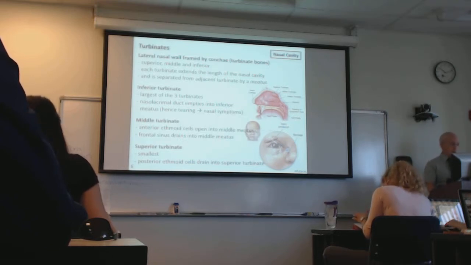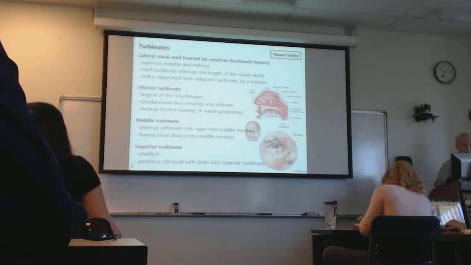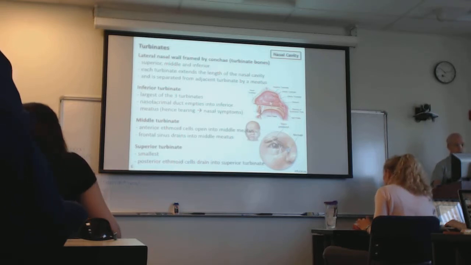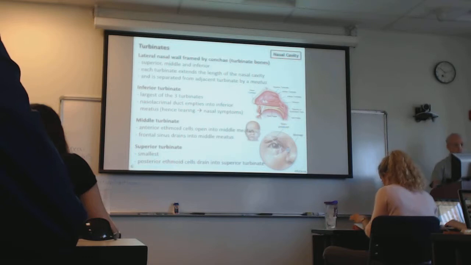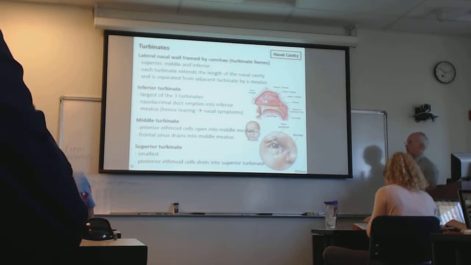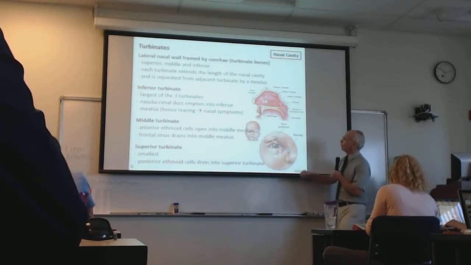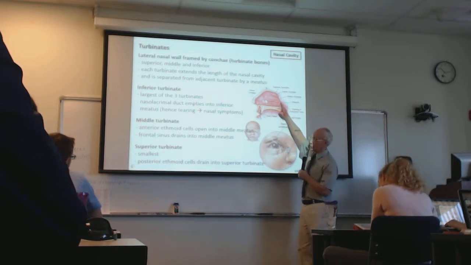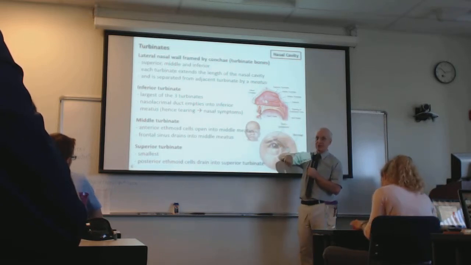In addition, there is the opening sort of inferior to and lateral to these. We don't see it here, but this opening continues on the underside of that turbinate. And at that point, there are frequent connections with adjacent sinuses.